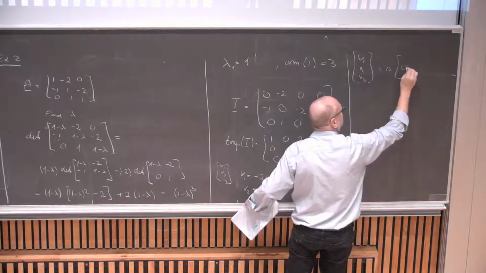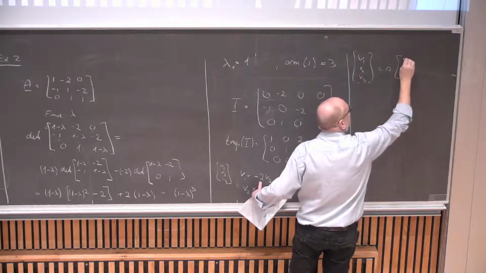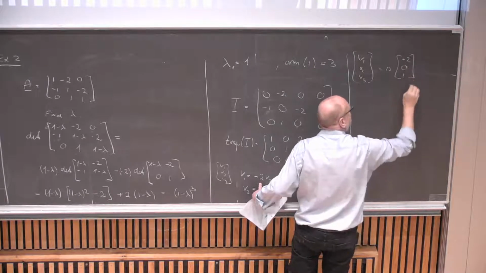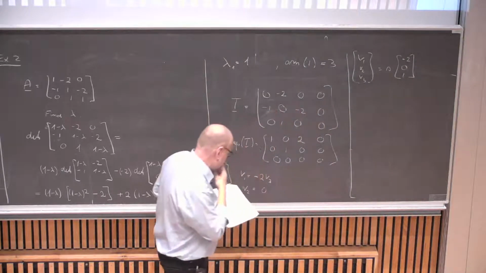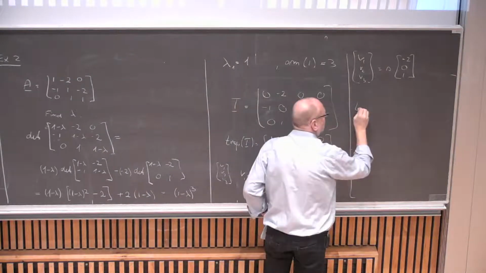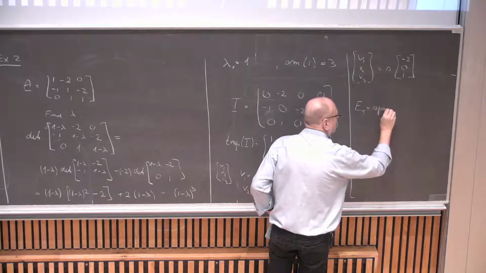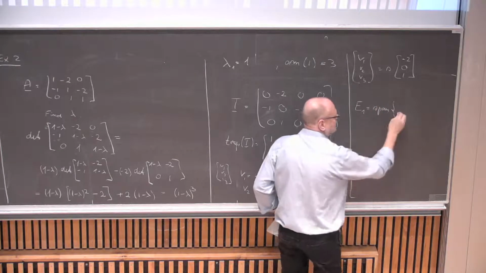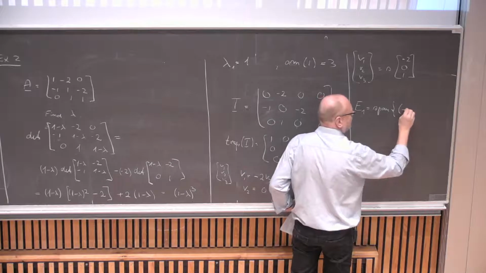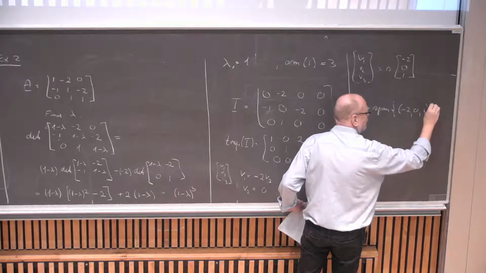V2 is 0, and V1 is minus 2, like this. So this eigenspace is then the span of this vector here, minus 2, 0, 1.